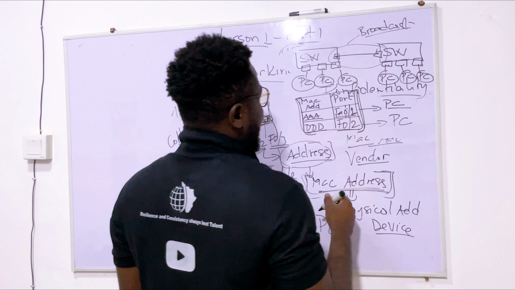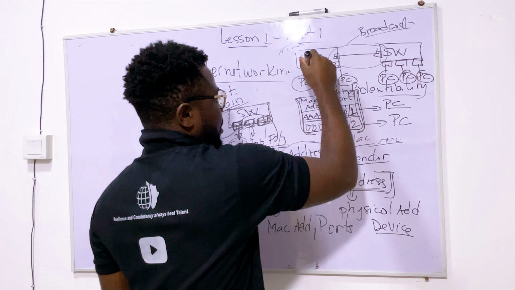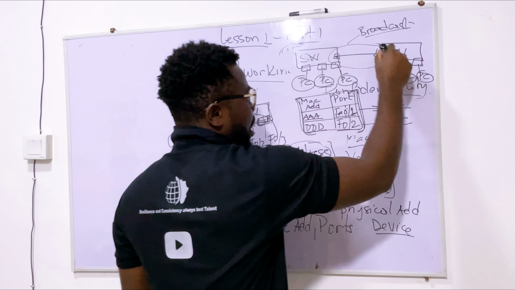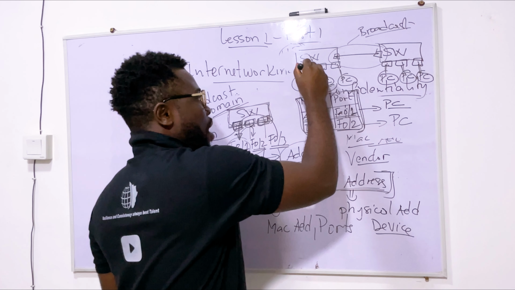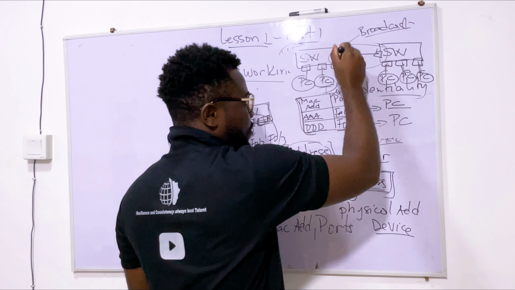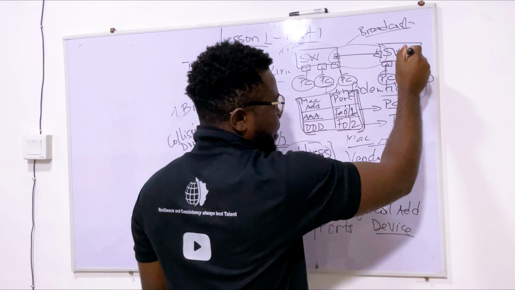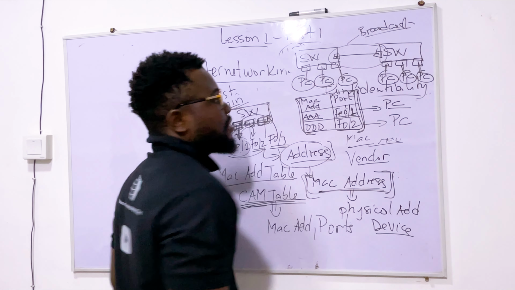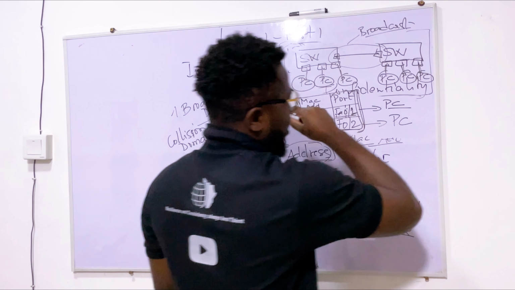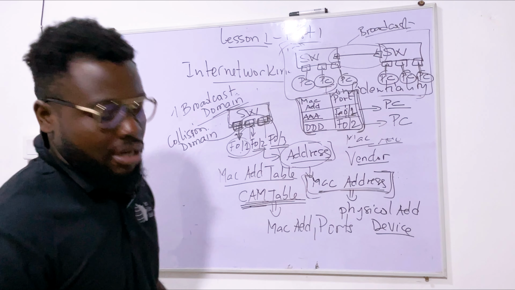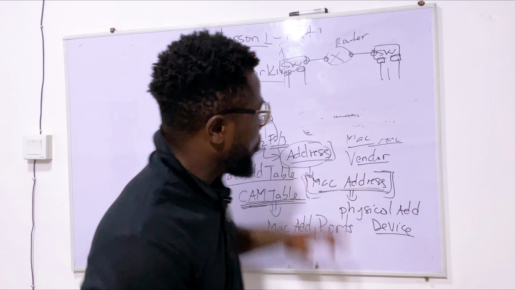And these ones are collision domains, meaning what? I'll have 1, 2, 3, 4, 5, 6, 7, 8 collision domains for this entire lab. Very necessary to know about all these ones.